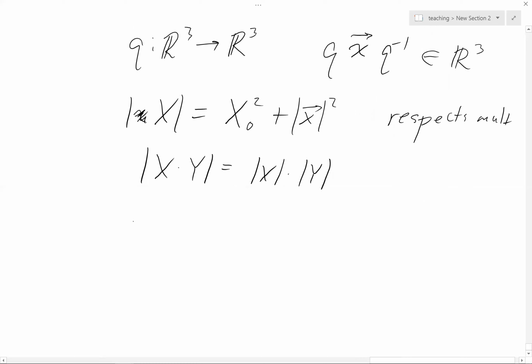So notice if I do the length of my new guy, because I can break it up, this is the length of Q times the length of X times the length of Q inverse.